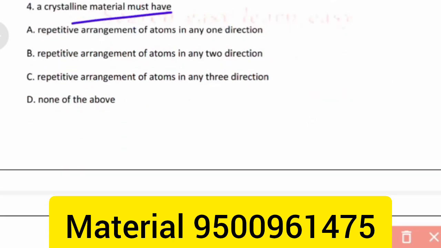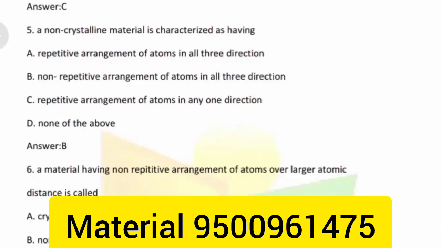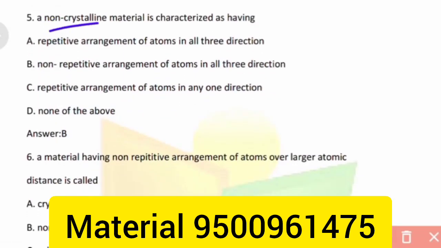A crystalline material must have option C, repetitive arrangement of atoms in all three directions. A non-crystalline material is categorized as having non-repetitive arrangement of atoms in all three directions.